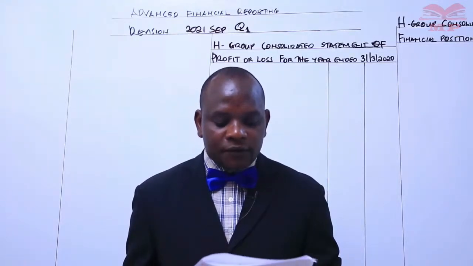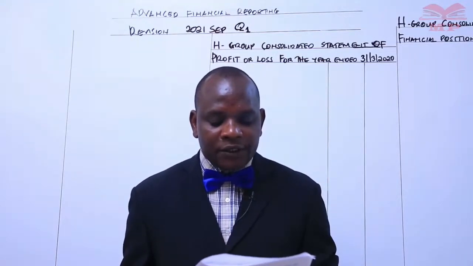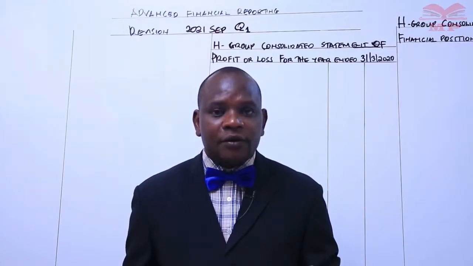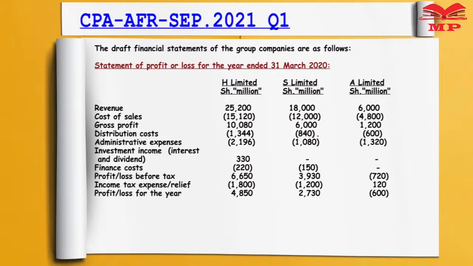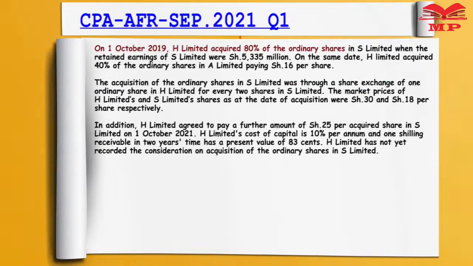So go back to the question, look at when the financial year ends. The financial year ends on 31st March 2020. The acquisition took place on 1st October 2019. So that means that our financial year begins on 1st April 2019 and ends on 31st March 2020.